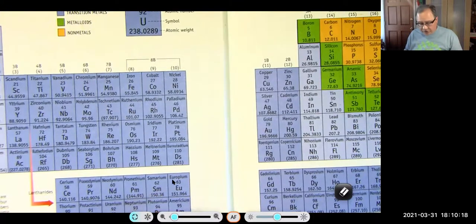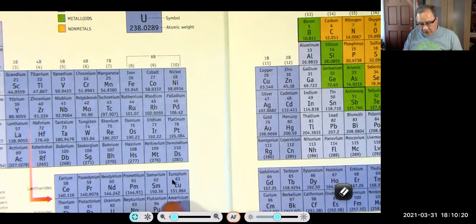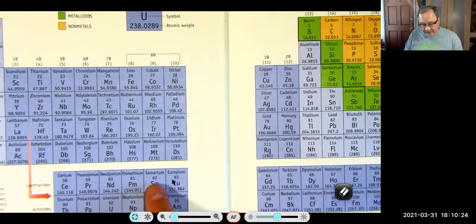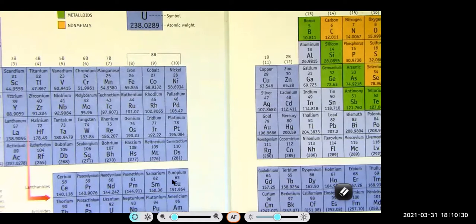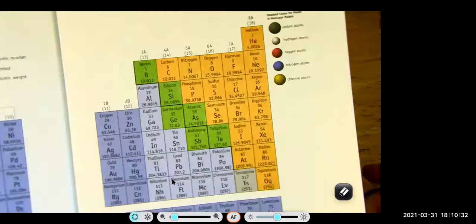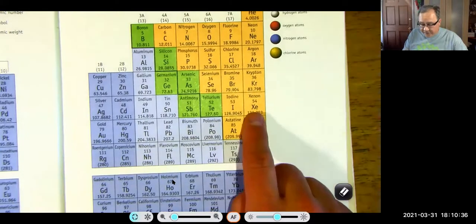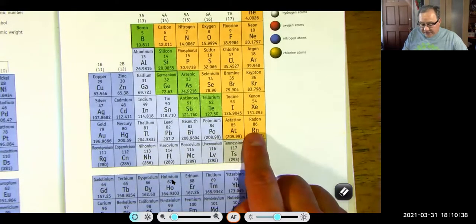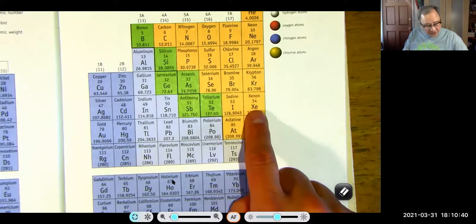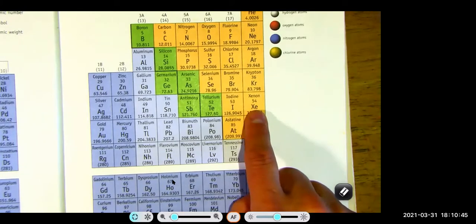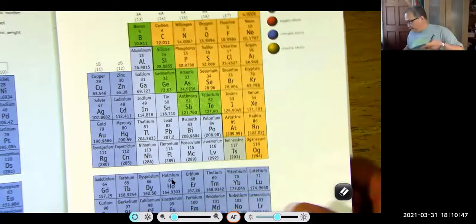To start with this one, you look at the number 62 and you find the noble gas that is closest to samarium, but has a smaller atomic number. Xenon? So basically I say you find the noble gas before samarium. Can you see that xenon is 54, radon is 86, so we want to go with xenon because it's below samarium, which is 62? Yes. So that's where we're going to start.